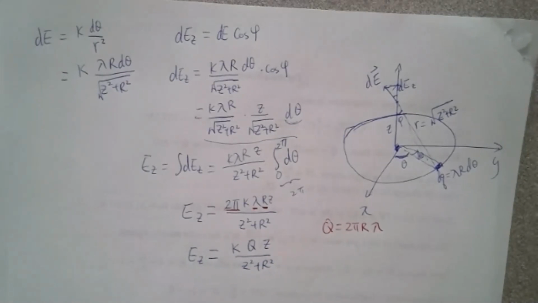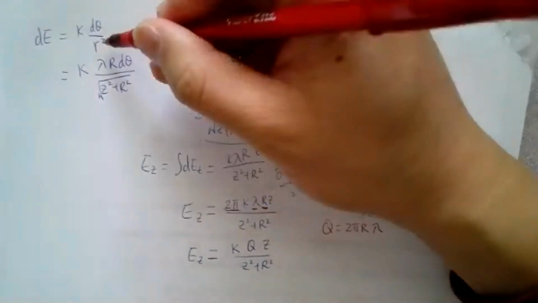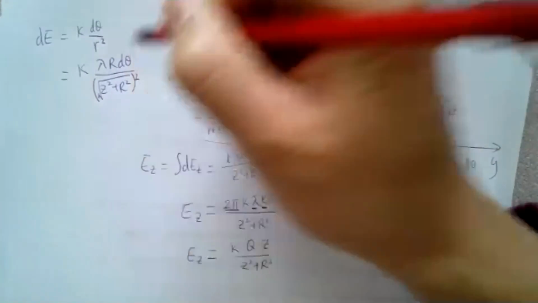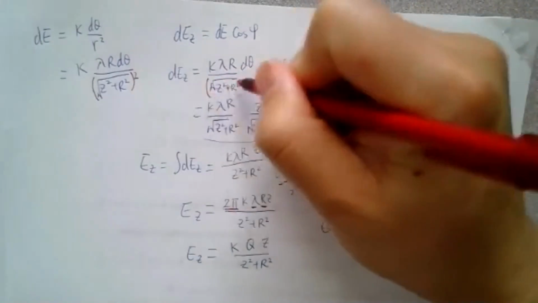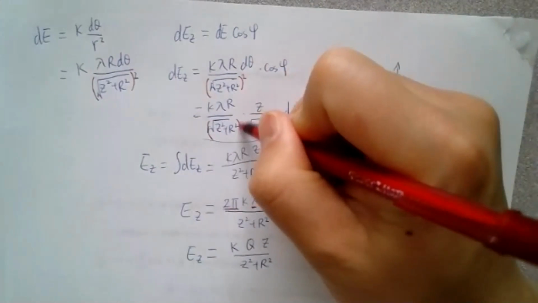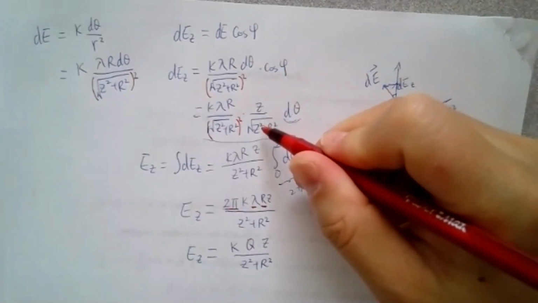Or actually, my bad. Here it's R squared, so I've got to square here. So we should square this guy here. This guy remains over there.